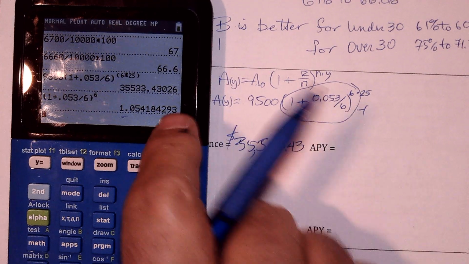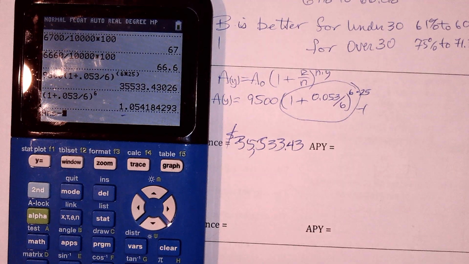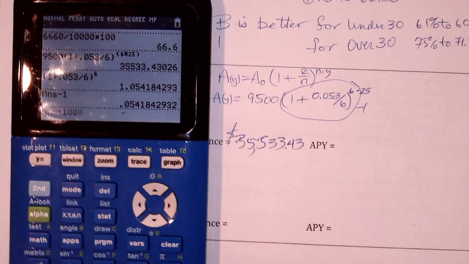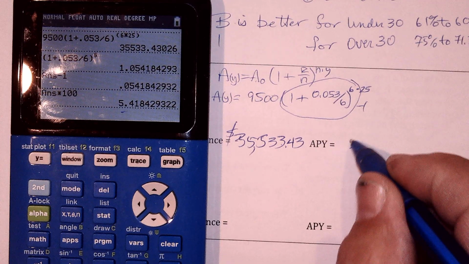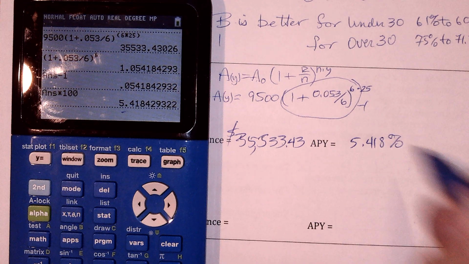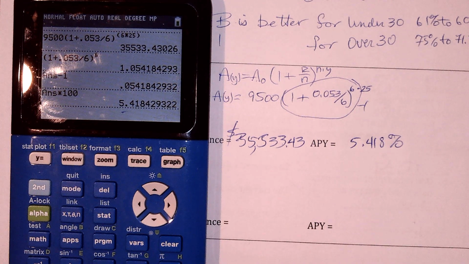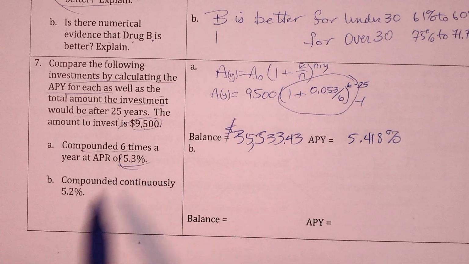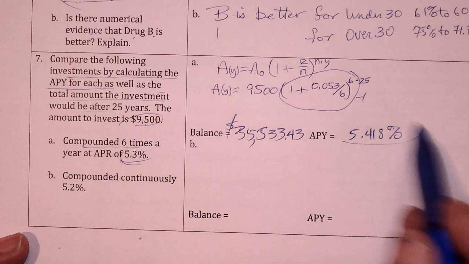That's the APY. Take 1 away from that and make it a percent, times 100, and it's 5.418% annual percentage yield. Higher than the APR by a little bit.